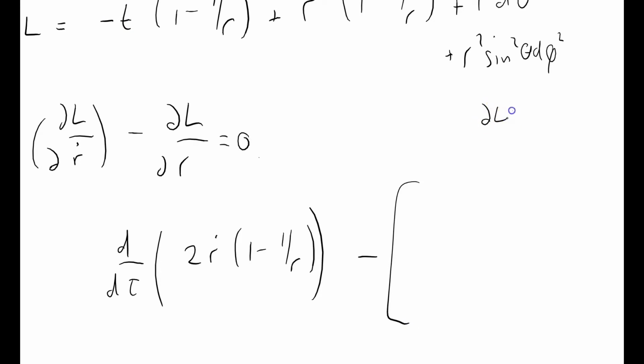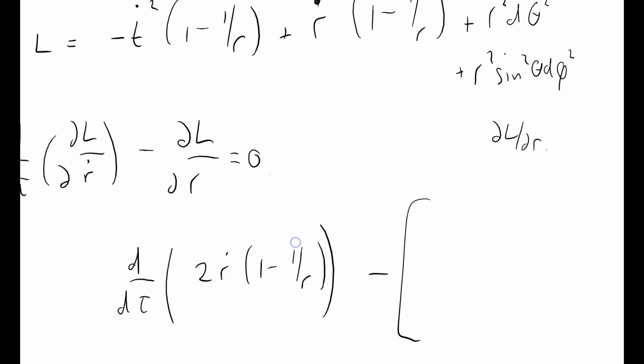This term here is ∂L by ∂r, and this is a little bit harder. We've got lots of terms here. We've got a minus, that's a plus, so it's t dot squared. Minus times a minus is a plus, but it's r to the minus 1 which we're dividing, which makes it a minus r to the minus 2, I think. Is that right? Yeah, I think that's right.